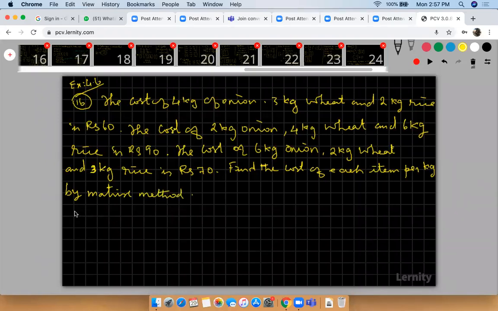Okay, look here. The three items they are discussing: the cost of onion, the cost of wheat, the cost of rice.